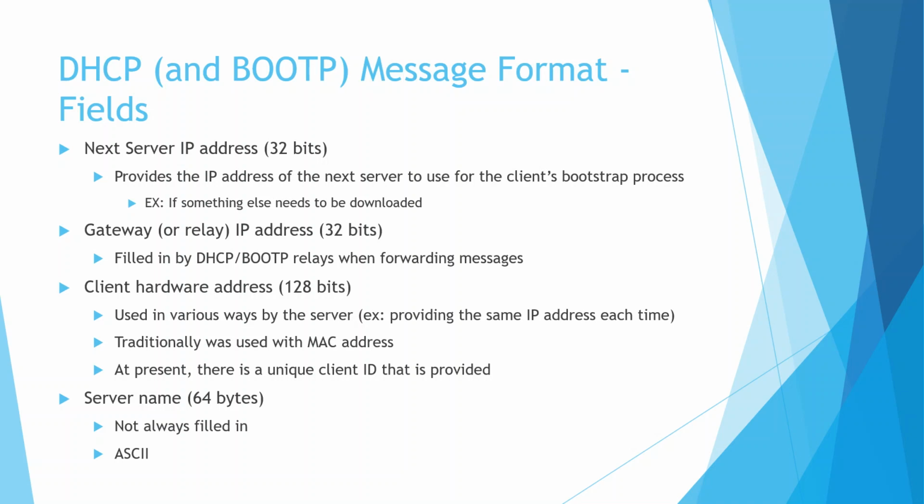One way that we do this is to use something like the MAC address. We fill in the MAC address in this field, so that every time we're exchanging these messages, we can see the client hardware address and then provide that same IP address. Again, the name of the game is consistency, and trying to not have variation when possible, simply because it's more efficient.